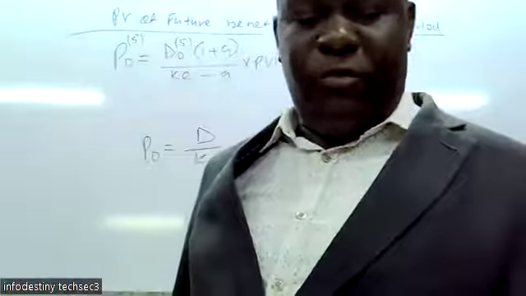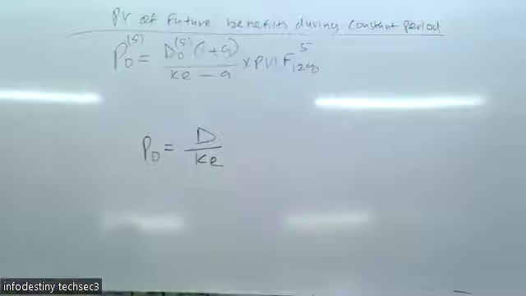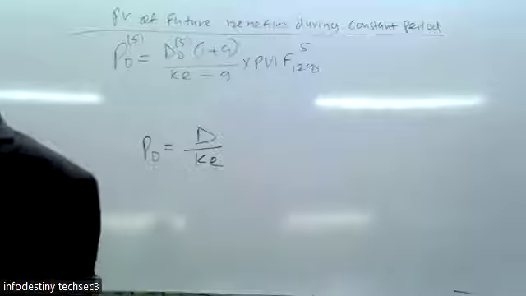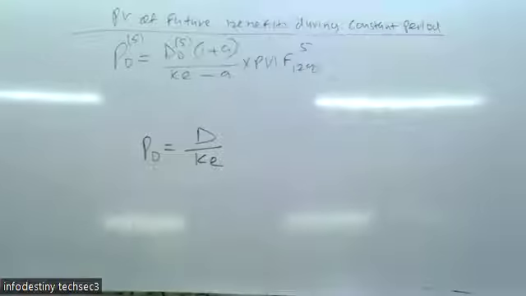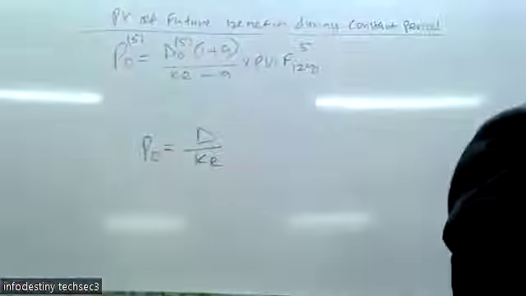So we go now to, how did we classify the securities? Just go back. There was variable return securities and fixed return securities. So let us now go to valuation of the fixed return securities.